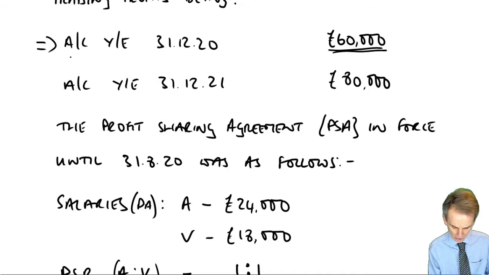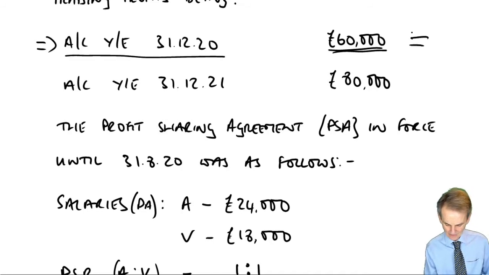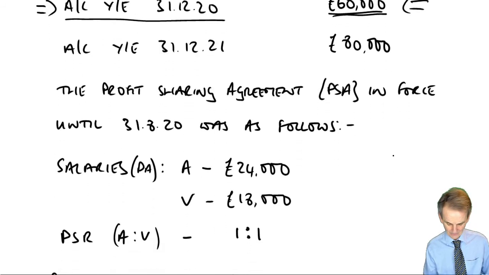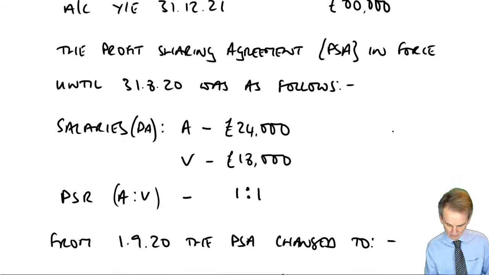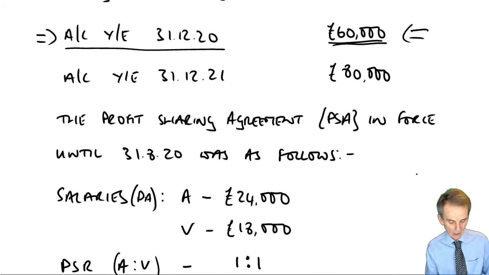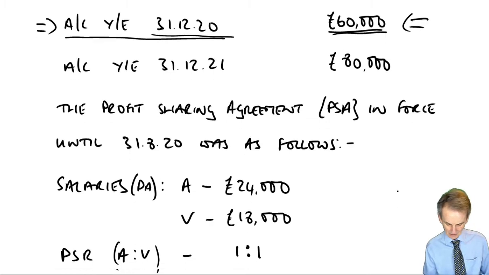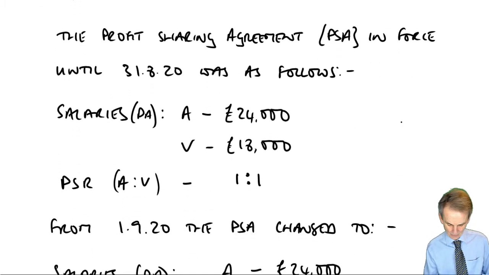So we know that for the year ended 31st of December 20, there is the partnership tax-adjusted trading profit. The profit sharing agreement in force until, now I said we're focused in this part of the exercise on the year ended December 20, because in that accounting period we have a change in the profit sharing agreement.